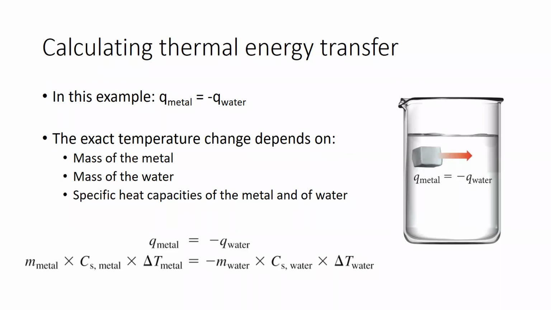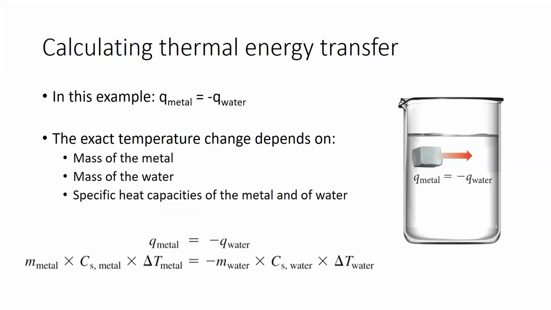All right. So the last thing we're talking about here is exchange of energy. So let's say I have a piece of metal and I drop it in water. If the metal is hot and the water is cool, what is the final temperature these two substances will be at?